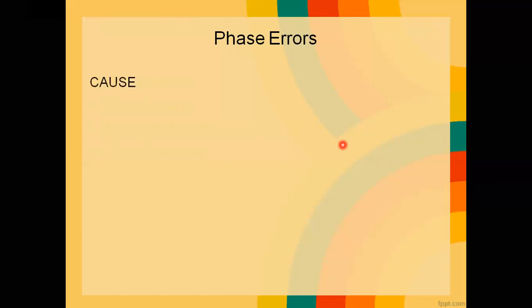First one is phase error. Let us see the cause of the phase error. Basically, where the phase is important, we have seen that the current coil carries the load current because it is connected in series. So the flux produced by the current coil will be in phase with the load current. So no problem with the phase with respect to the flux produced by the current coil.